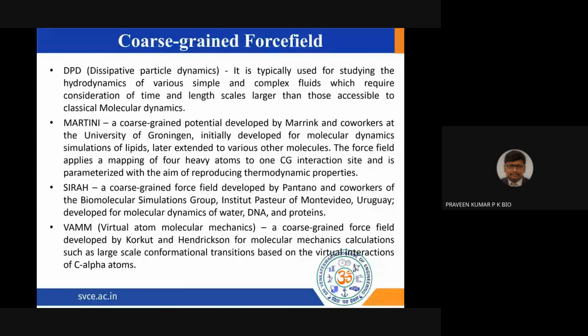The name itself says coarse grain. Wherever you find some kind of grains in the sample, for example, DPD, dissipative particle dynamics, is used to study hydrodynamics of various simple and complex fluids. What do you mean by fluids here?